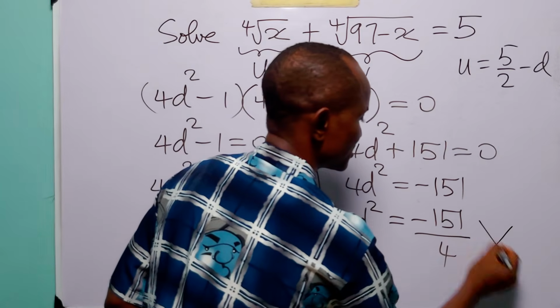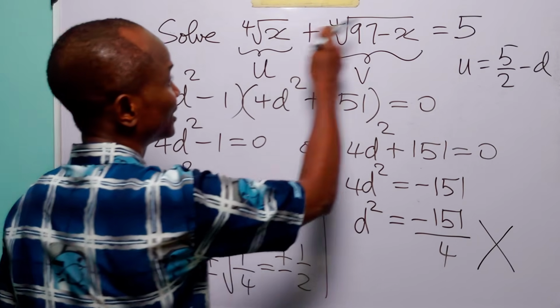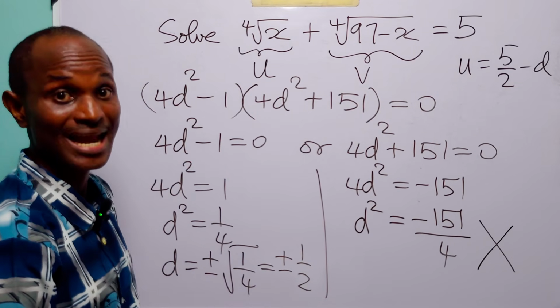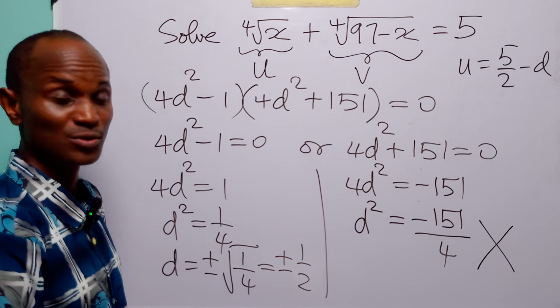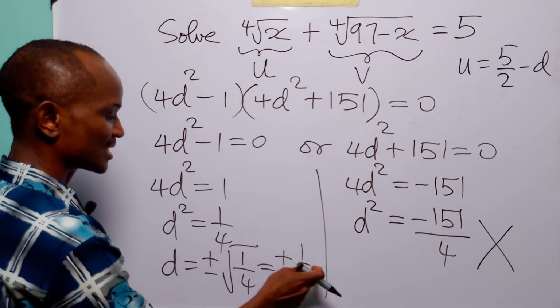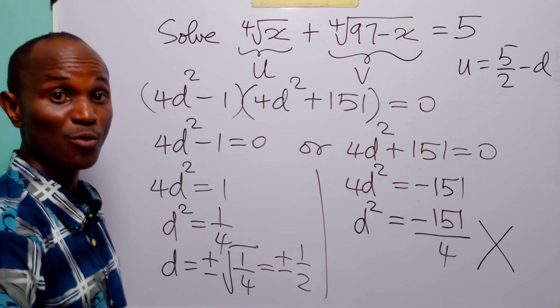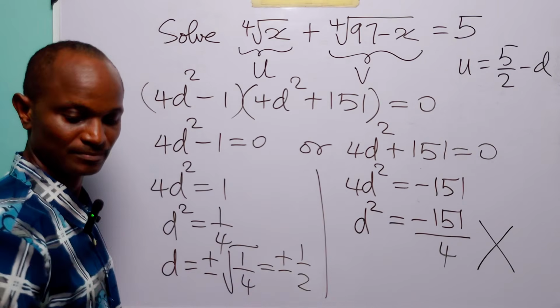So this is not acceptable when we are looking for real values of x that satisfy the original equation. So that means that the only two values of d that we can accept are plus half and minus half.